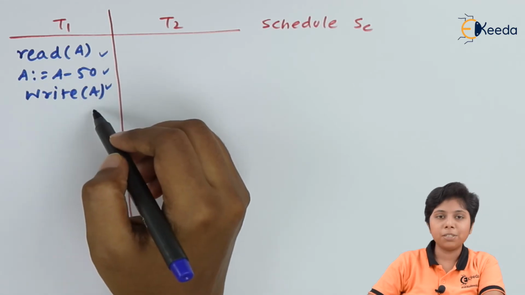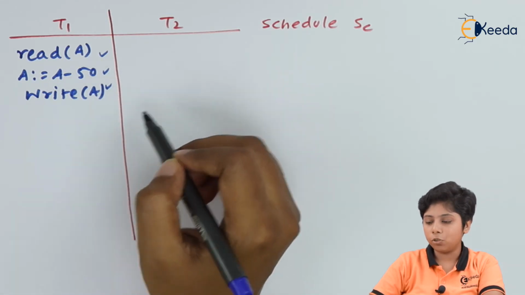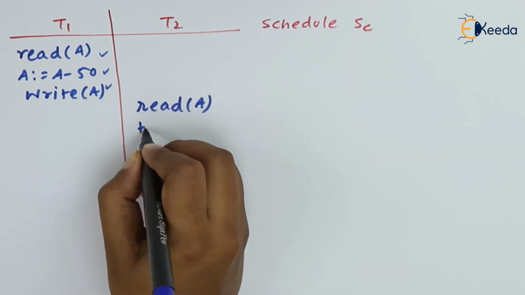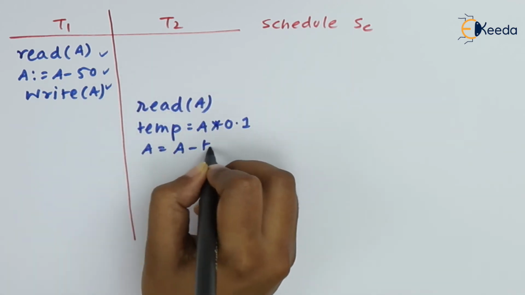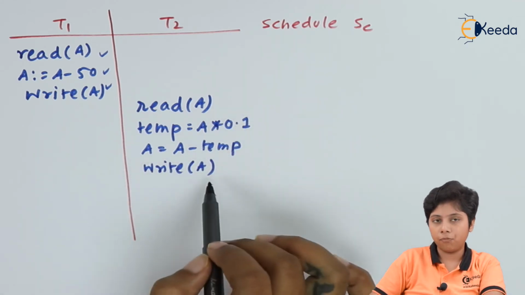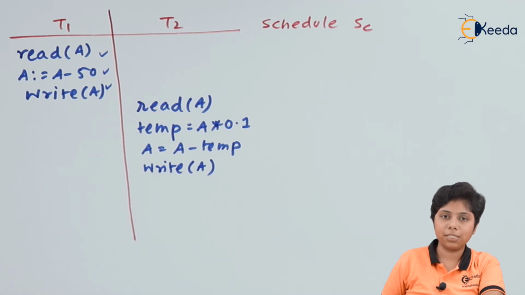Now if it has performed this reading of A, T2 will perform its part of the reading. So in T2 the read of A is done first, and then we go back to T1.